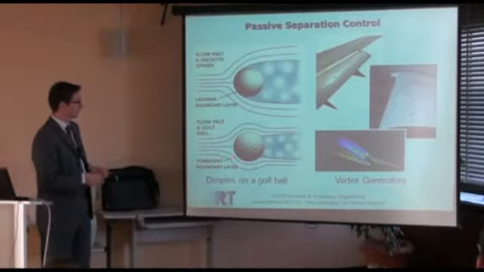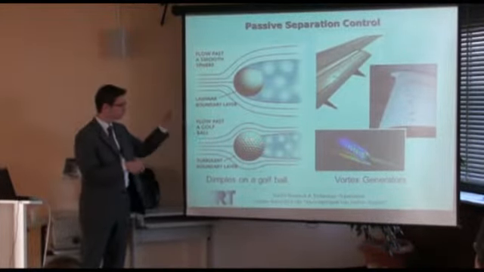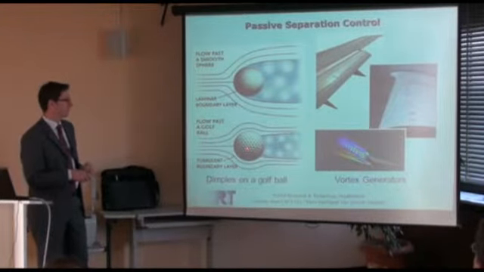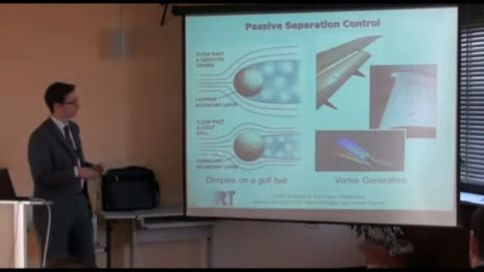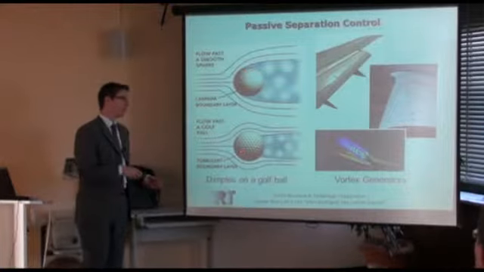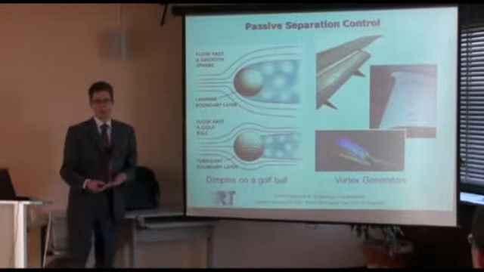So there's the technique of putting dimples into the ball, small holes, which gives us a turbulent boundary layer. So the state changes from laminar to turbulent, and a turbulent boundary layer attaches longer than a laminar one.